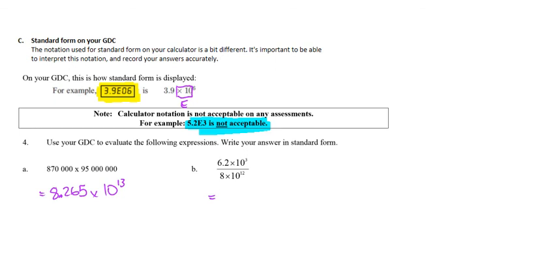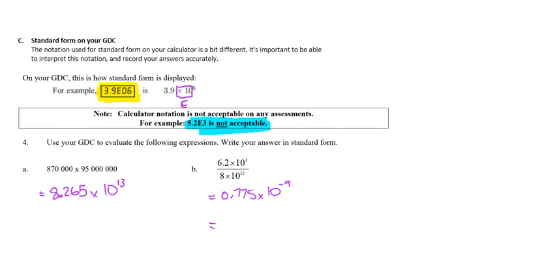Sometimes I just break it down. And I know that for this one, it'll be 6.2 divided by 8, which is 0.775, multiplied by 10, and I can just apply my exponent law. So 3 minus 12 is negative 9.